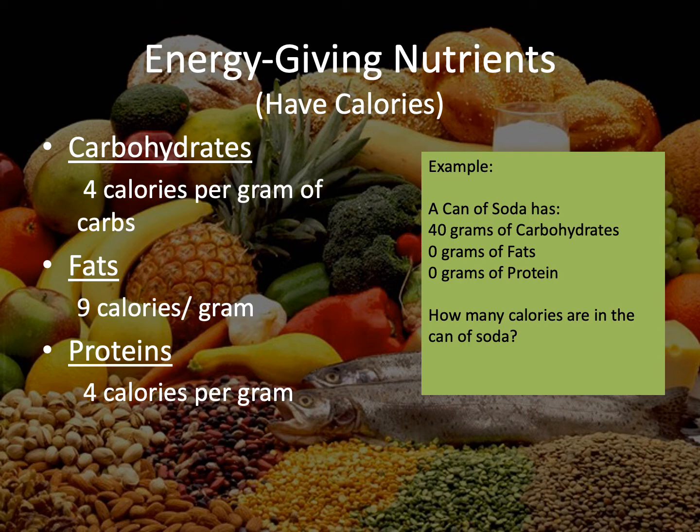To calculate the amount of calories in this soda, you would need to take the amount of grams from the carbohydrates and multiply it by the number of calories per gram. So if the soda has 40 grams of carbohydrates and is multiplied by 4, which is the calories per gram, the entire soda would have 160 calories.